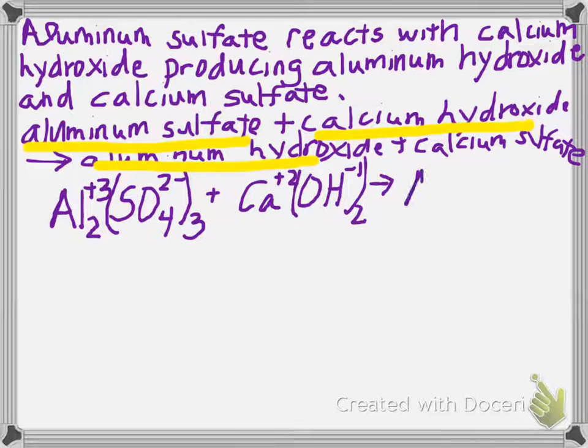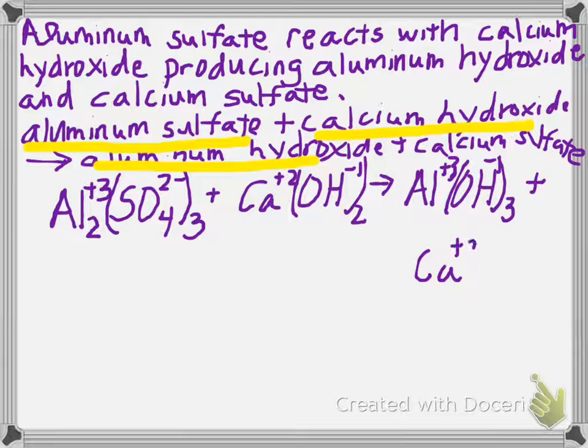So again, Al plus 3, hydroxide OH minus 1, so we need a 3, plus, and if I had more space, I'd make sure it was all on one line, but I'm sorry. So calcium is Ca plus 2, sulfate is SO4, minus 2, so nothing to do to that one.